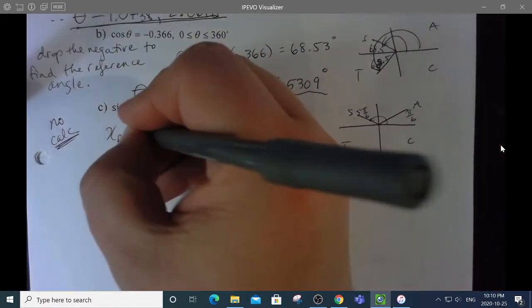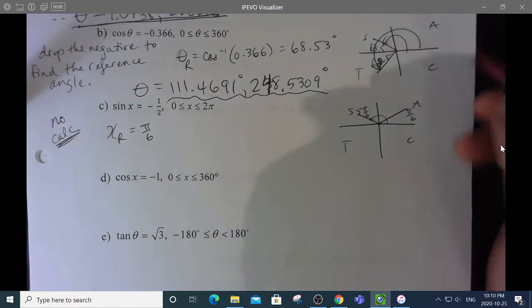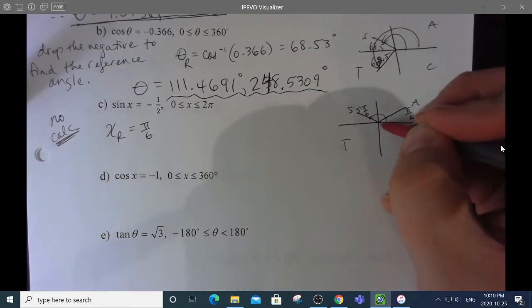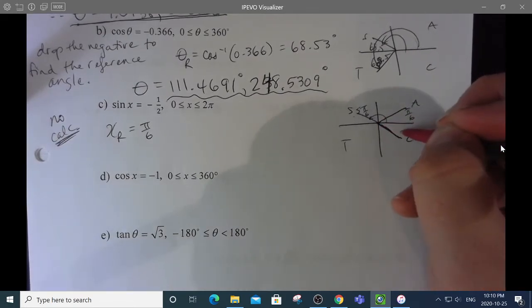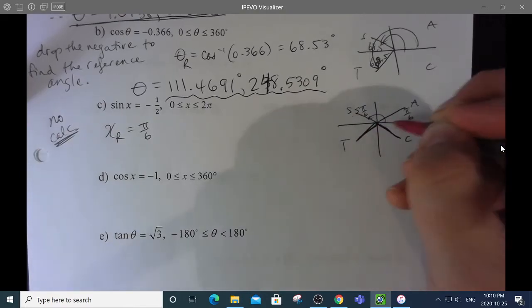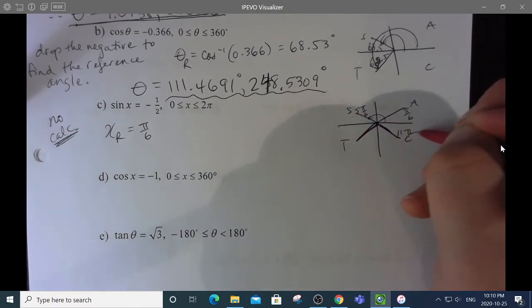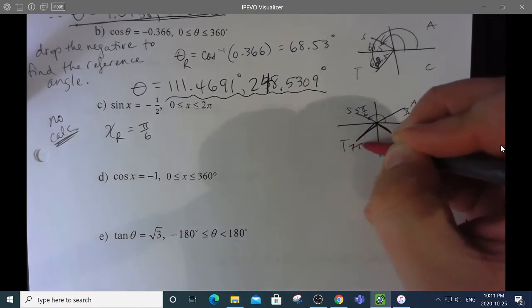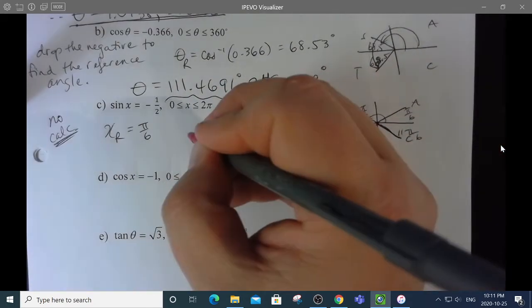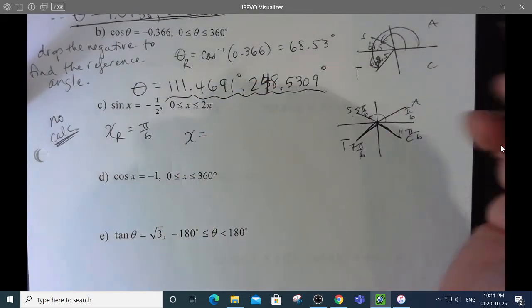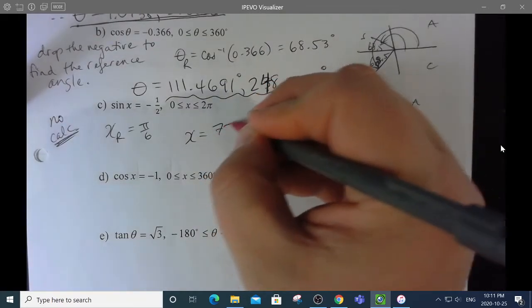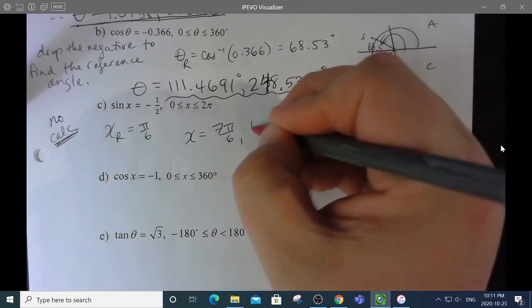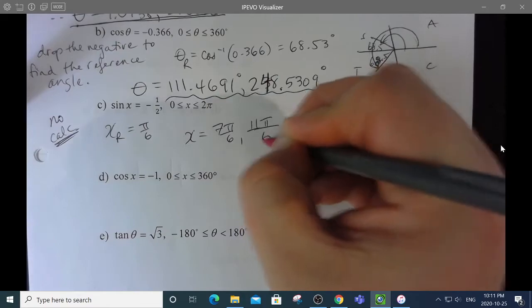I wanted the two places that are negative. So I want that one down there and that one down there. So this would be 11 pi by 6, and this would be 7 pi by 6. So that's my two answers. So x is 7 pi by 6 and 11 pi by 6.